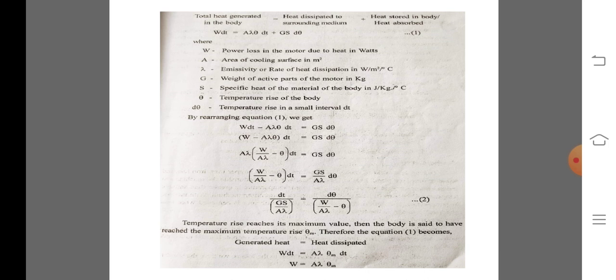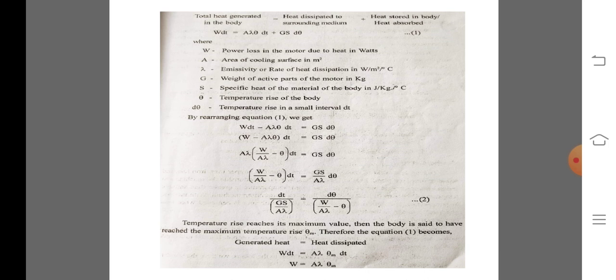So we look at the on-screen explanation. W dt minus A lambda theta dt, where A lambda theta dt comes from the right-hand side of the previous equation. We take out the common dt.